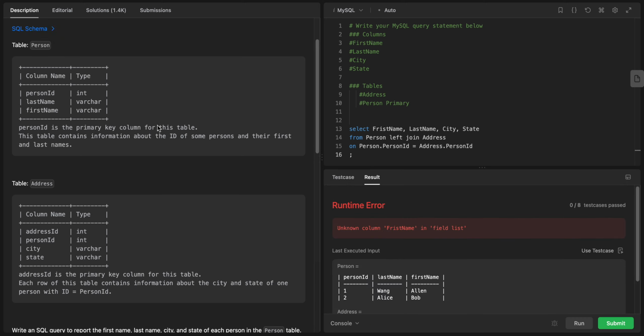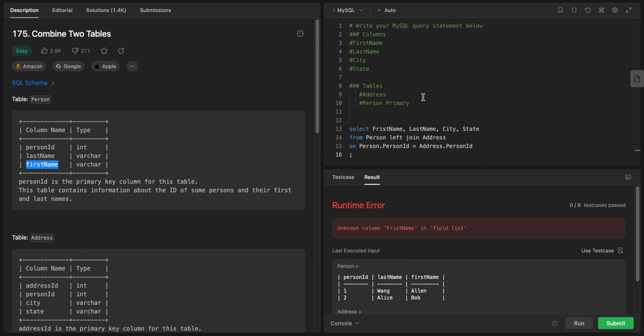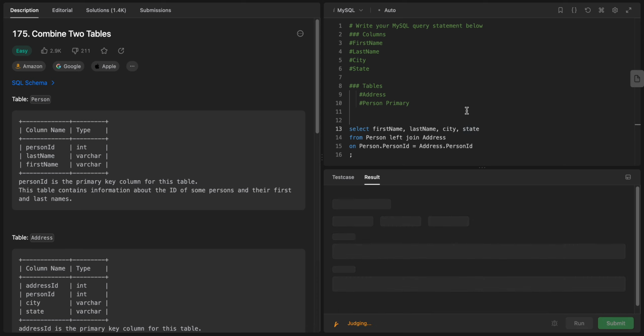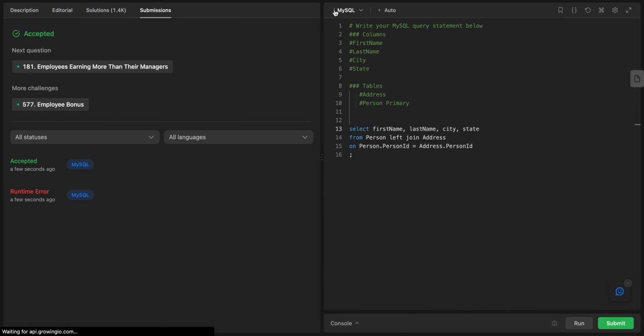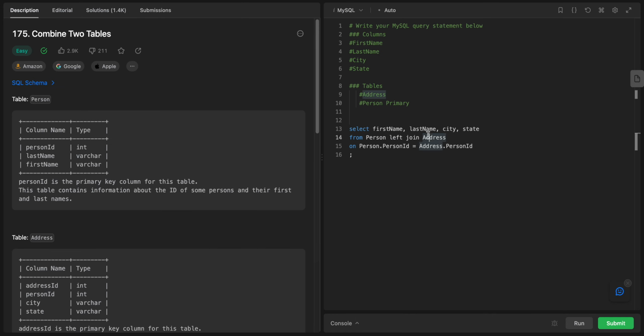First name is not a field. Sorry, it's first name, last name, and the city. Yeah, all of them small. Okay, it worked.